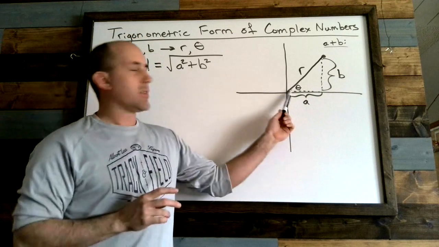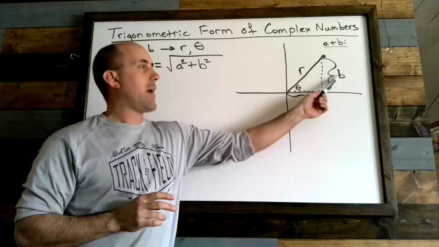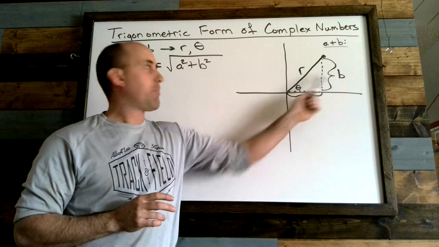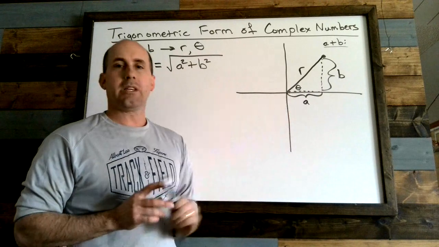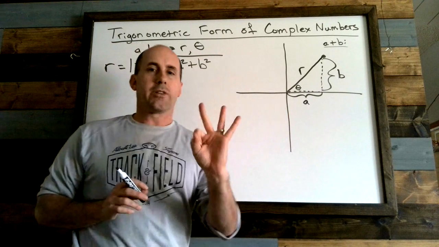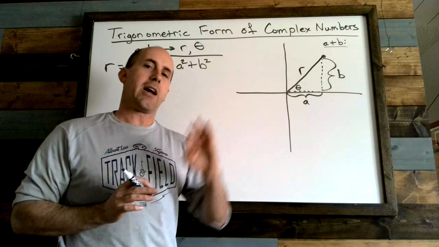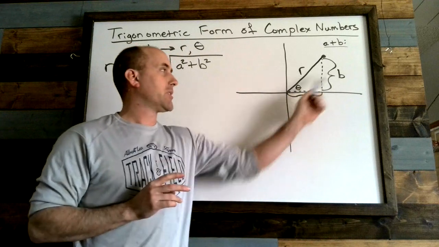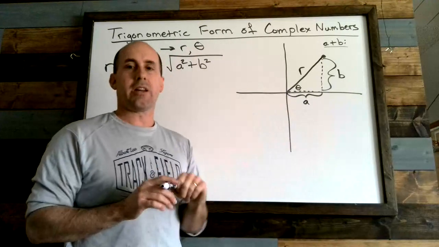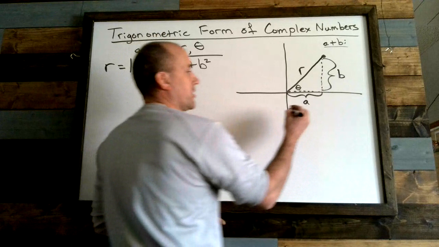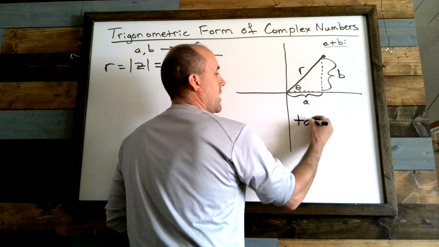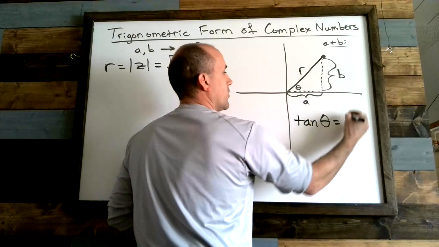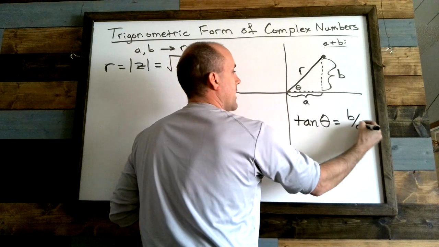If you consider this as a triangle, and that happens to be the opposite, and that happens to be the adjacent, which of the three trigonometric functions, sine, cosine, or tangent, has to do with opposite and adjacent and theta? You're correct, that would be tangent. Namely that the tangent of theta is equal to B divided by A.